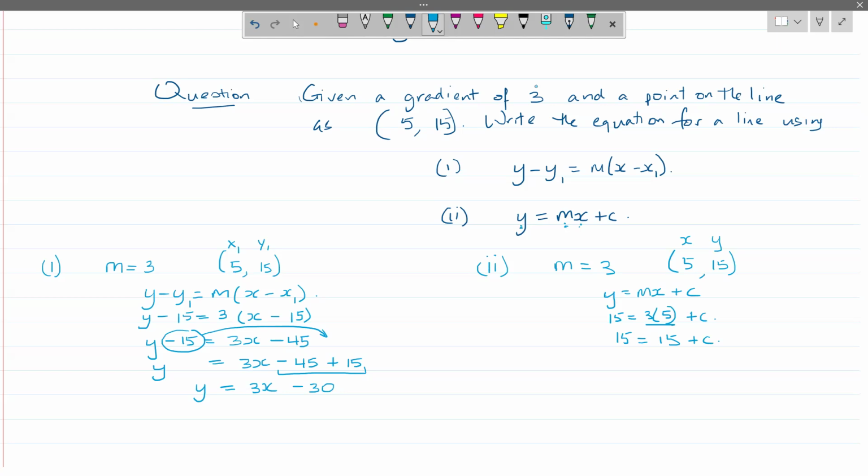Something wrong? No, did I? 3, 5. M is 3. X is 5 plus c. 15 minus 15 is equal to c.